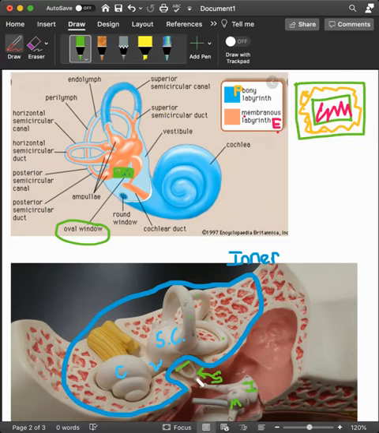And where the canals are, it's actually just being labeled as ducts. So you have the posterior semicircular duct where the posterior semicircular canal is, and then they're calling it horizontal here, but it's really lateral, so vice versa. So when you get into the actual semicircular canal, instead of calling it bony labyrinth versus membranous labyrinth, you call it canal versus duct.